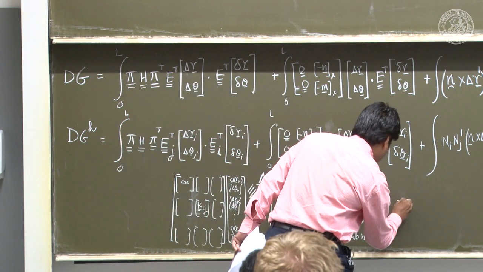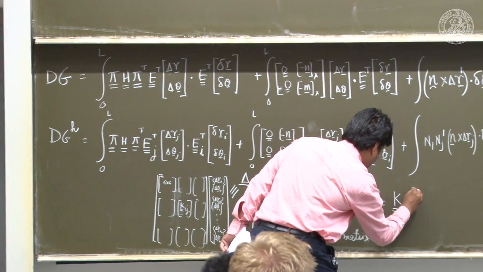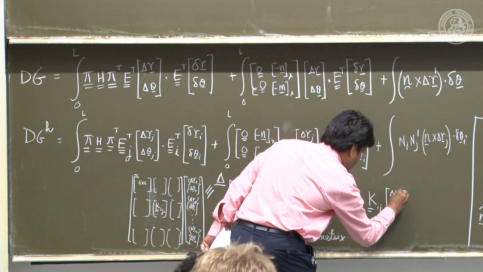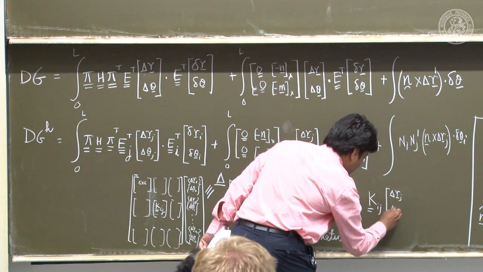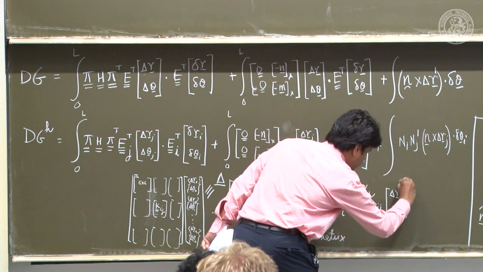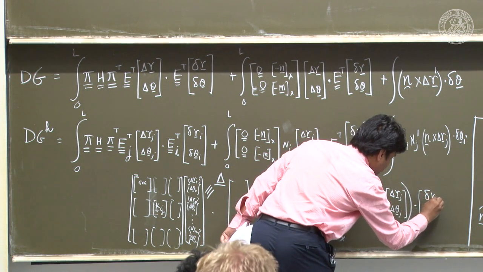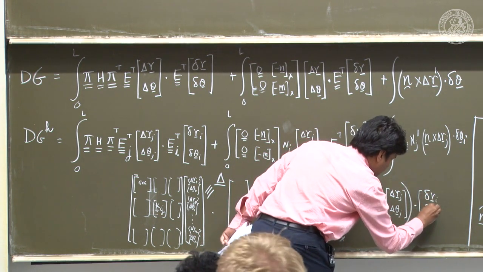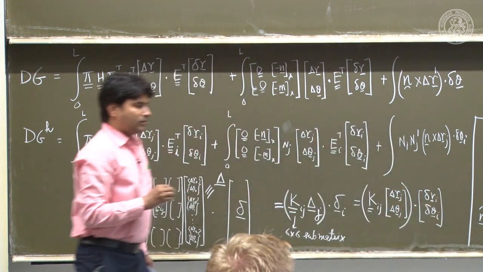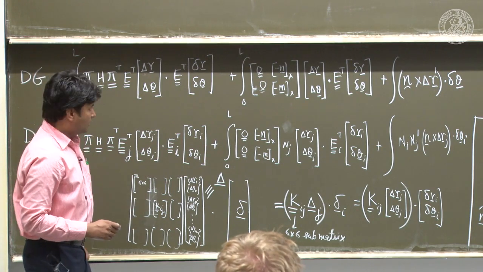Maybe I will write this more explicitly: that's K_ij times delta little r_j, delta little theta_j, dotted with del little r_i and del little theta_i. So our goal is to simply get that K_ij.